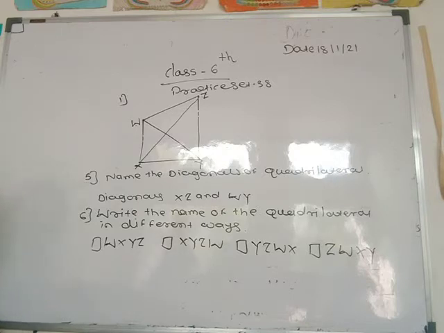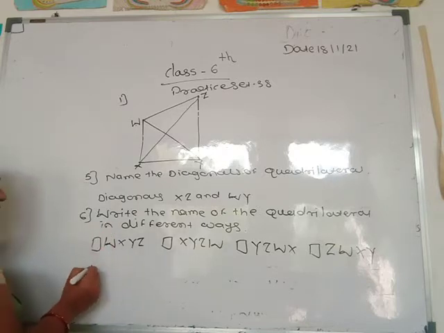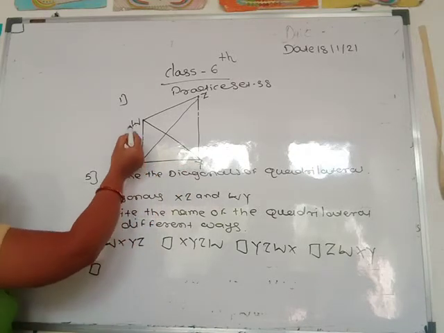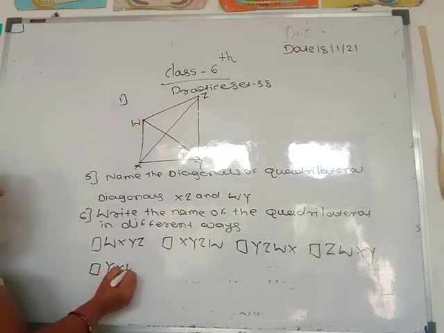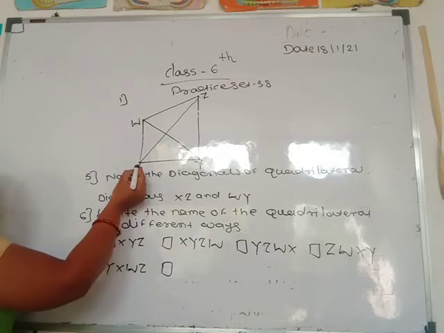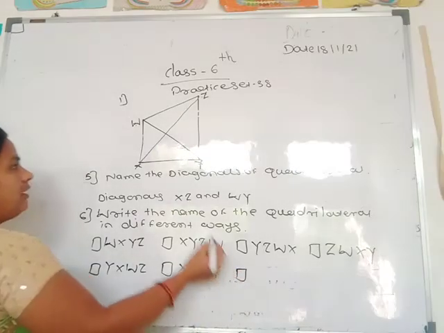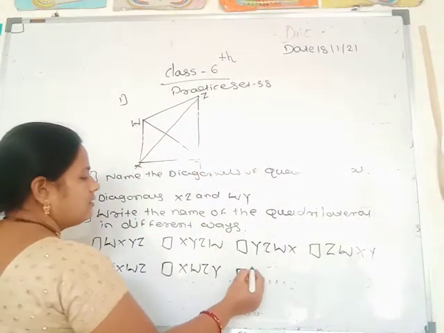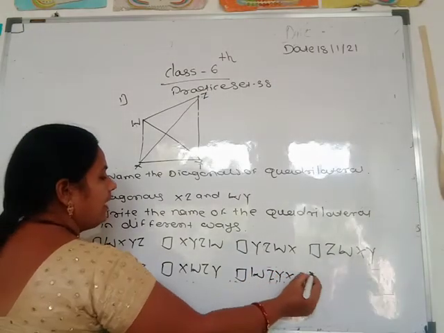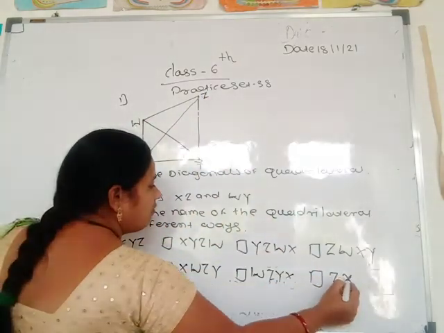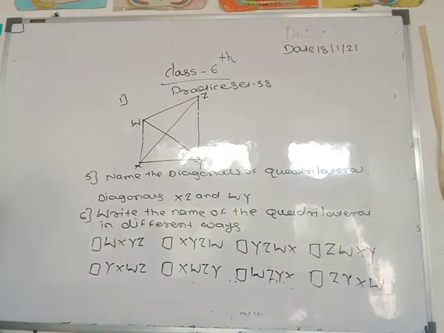This was anti-clockwise. Then clockwise, starting from any vertex, suppose Y: quadrilateral YXWZ, then XWZY, then WZYX, and then ZYXW. These are the four clockwise types and four anti-clockwise types.